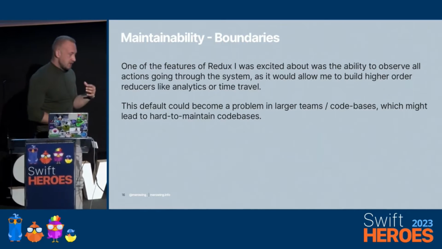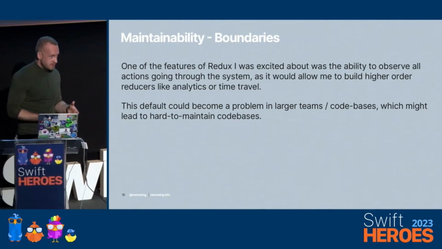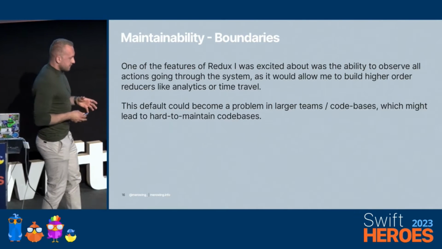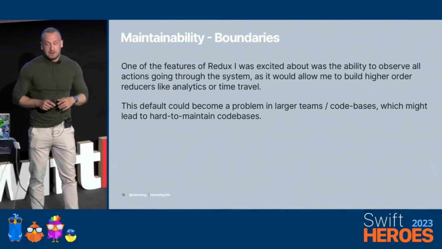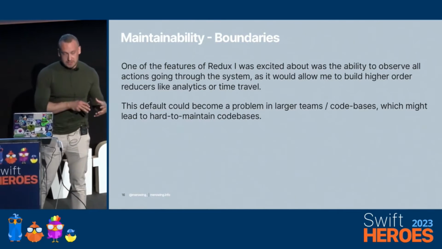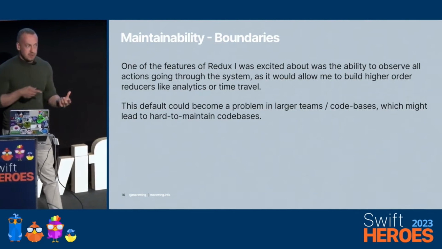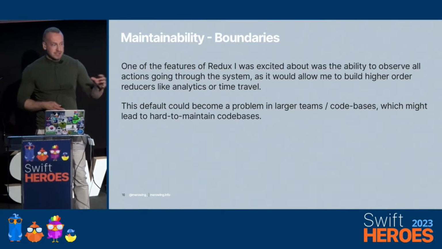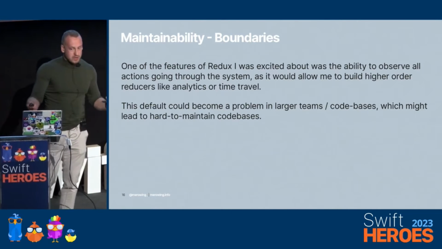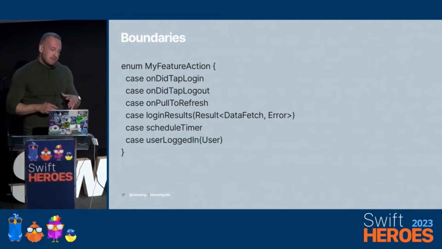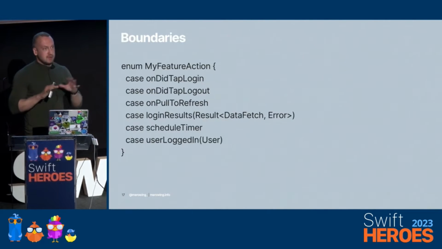But this actually becomes a big issue in bigger teams because in architectures like UDF architectures, unidirectional data flow architectures, the source of truth is not actions, it's state. But what happens is a lot of people are observing those actions as triggers to do other work, which is very gimmicky. And the default setup doesn't do any kind of nesting in TCA.